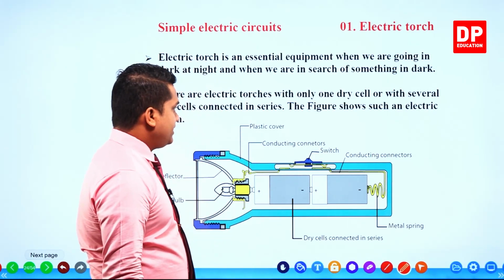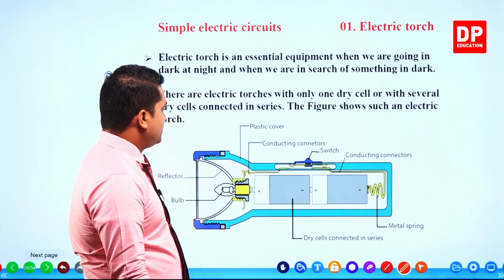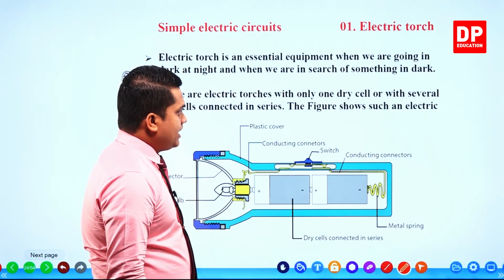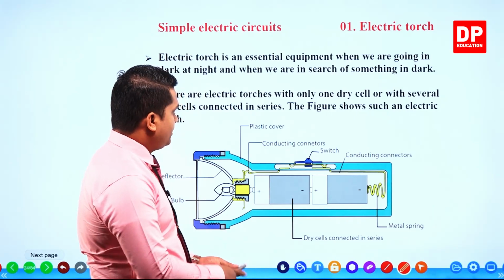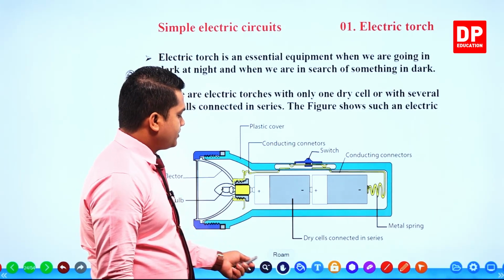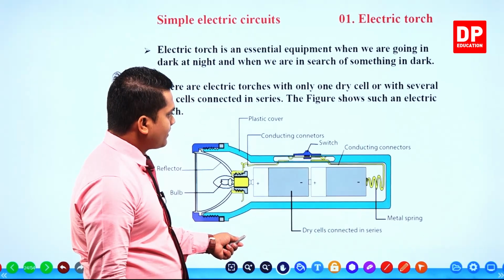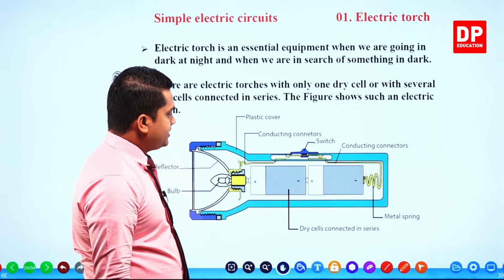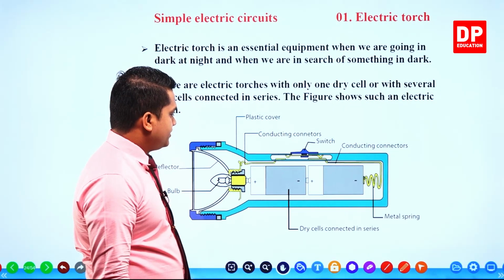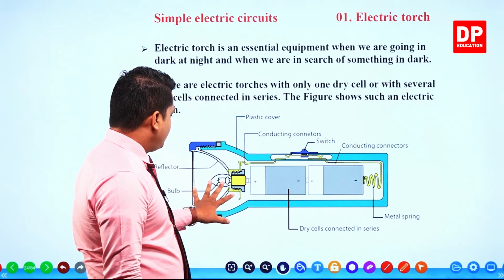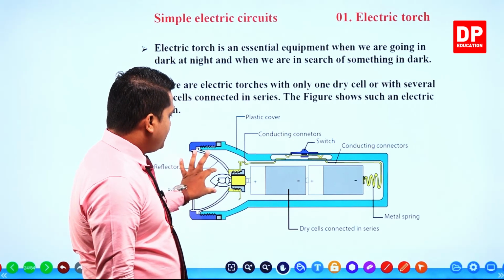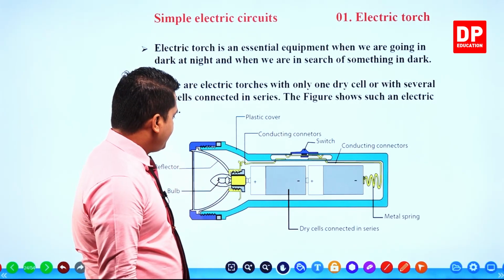Next it is given, the figure shows an electric torch. So in the figure you can observe the electric torch, my dear children. First of all, you can observe the torch bulb. It's connected to a holder, right?